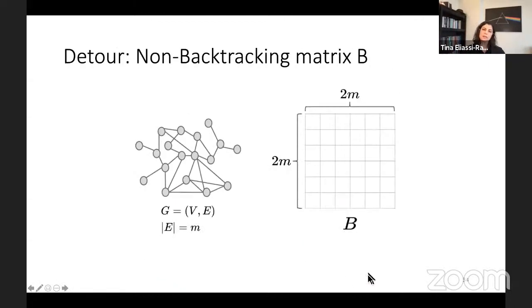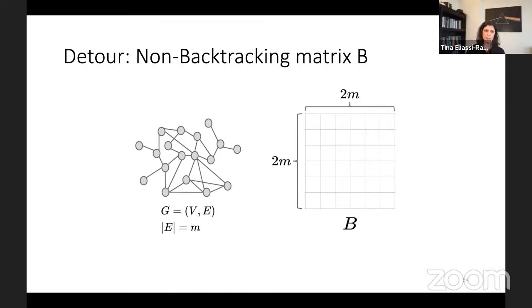This is where we get into the non-backtracking matrix. For those of you who have thought about graphs and networks, you probably are very familiar with the adjacency matrix, where every row represents a node and every column represents a node. And then you can have, for example, a binary entry if I is friends with J, or if it's a call graph, how many times I called J, or perhaps the Laplacian matrix. But now we're talking about the non-backtracking matrix.